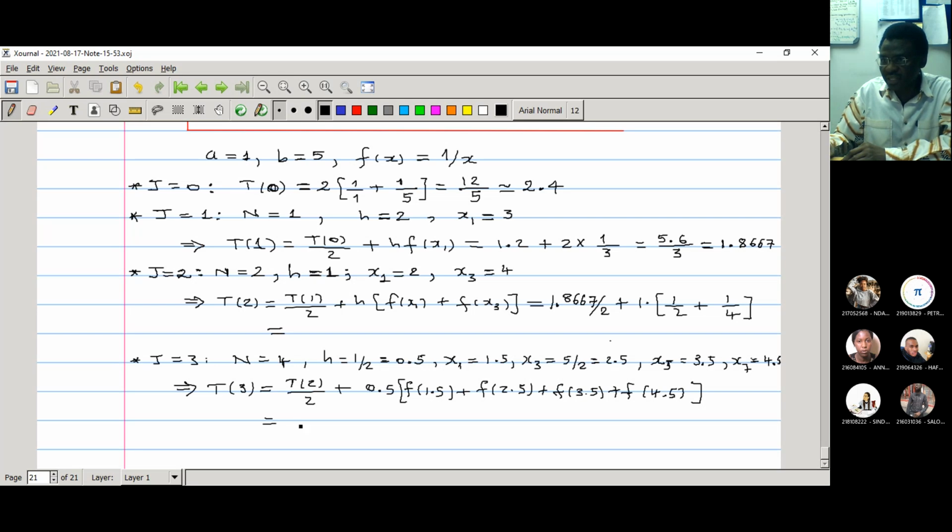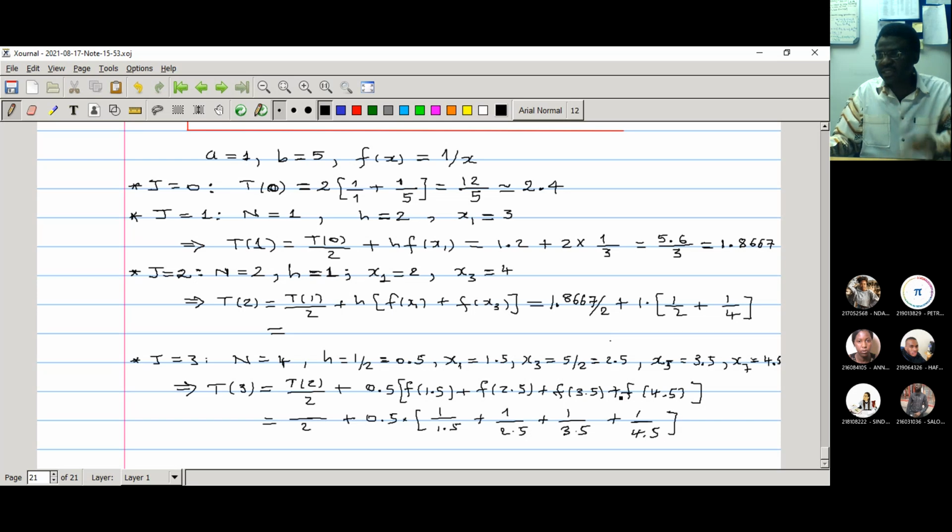The value that you get here, you put it here, you divide by 2, plus, then you take this 0.5 into, now this is 1 by 1.5 plus 1 by 2.5 plus 1 by 3.5 plus 1 by 4.5. And then you have all the values. And that is it.